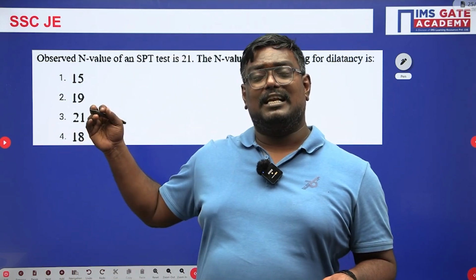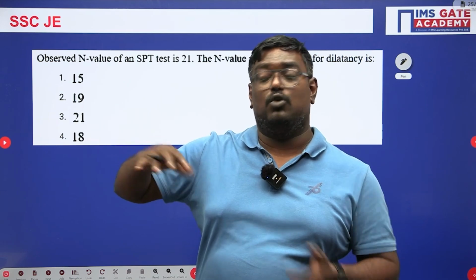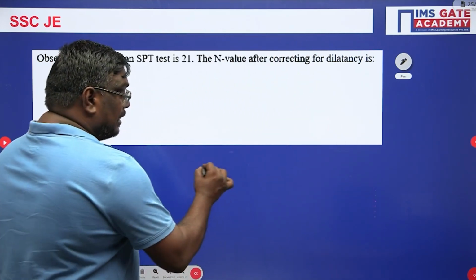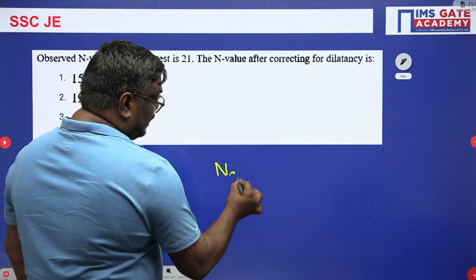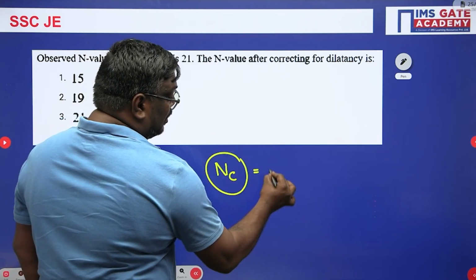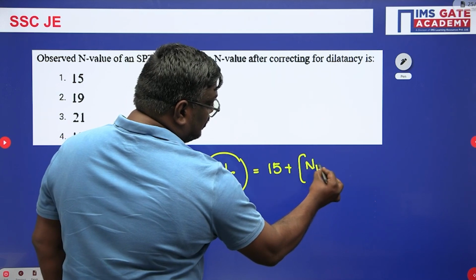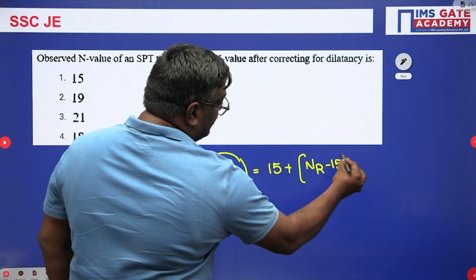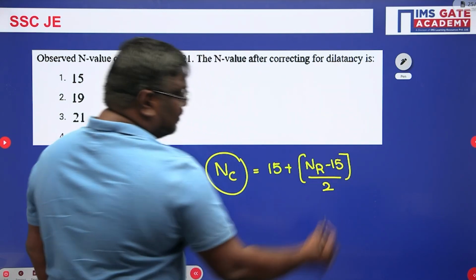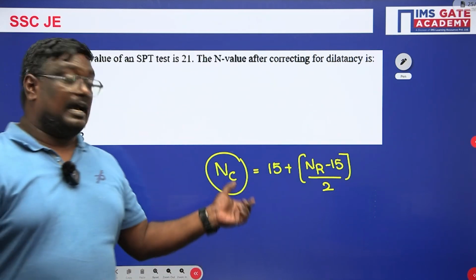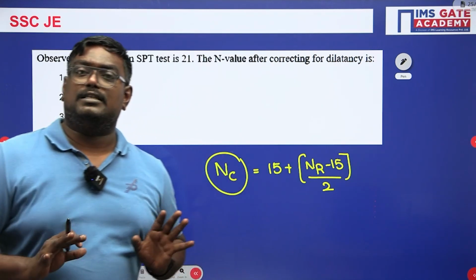And dilatancy correction is where you correct the number of blows when a water table effect is there. So there is a formula here: corrected N value is given by 15 plus (NR minus 15) by 2. And remember one thing, students, if the recorded N value is less than 50, no correction is required for dilatancy.